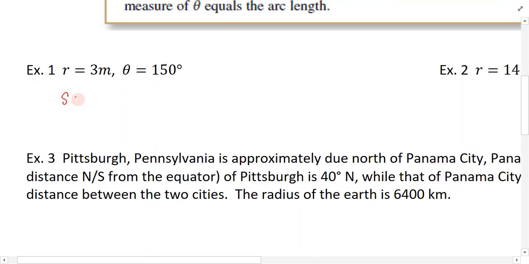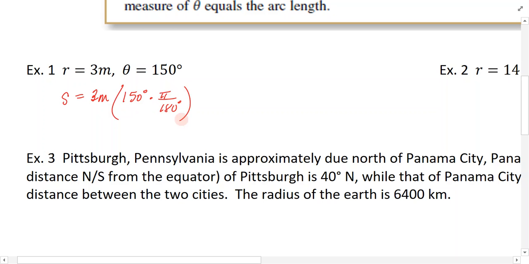Plugging into the formula, I've got 3 meters, the radius, times theta, which is 150 degrees, and I multiply 150 degrees by pi over 180.